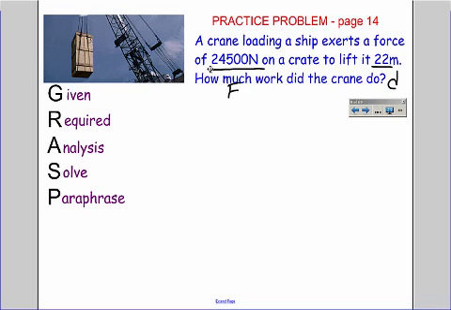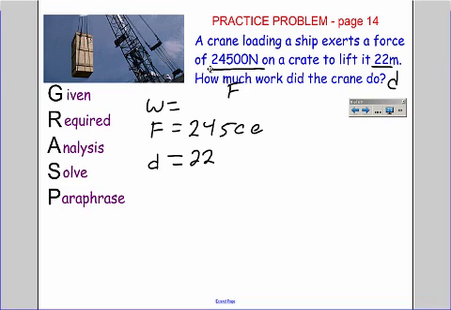See on the side here: given, what we need (the required part), analysis, solve, and paraphrase. We know the three parts of our formula. Let's write it down: work, force, and distance. Our force, 24,500. Our distance, 22 meters.